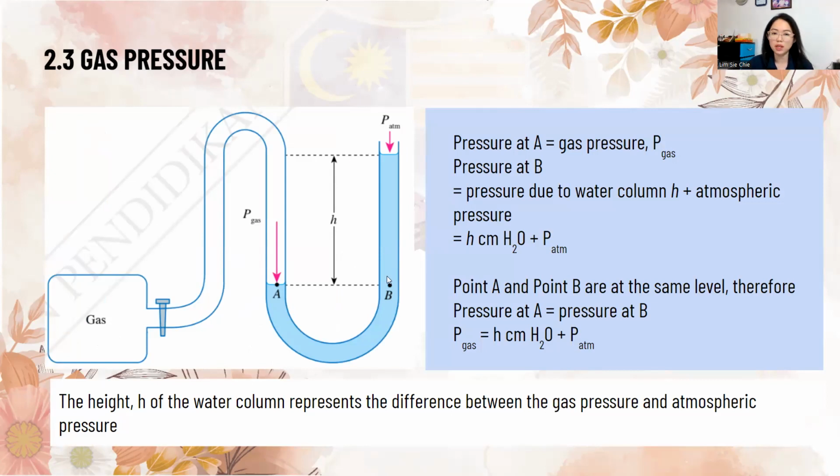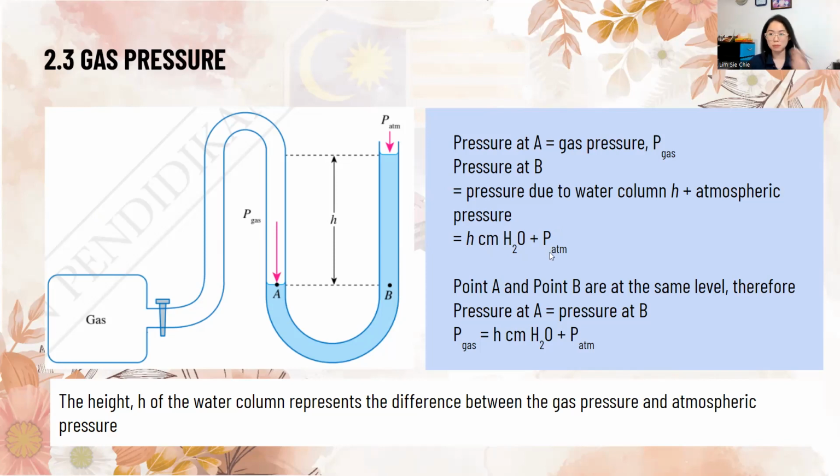To find the pressure at B, it is the pressure due to the water column h plus the atmospheric pressure. Again, I repeat, for point B here, the pressure is h rho g plus the atmospheric pressure. But because I am using centimeter water as my unit, I have h centimeter water plus atmospheric pressure.